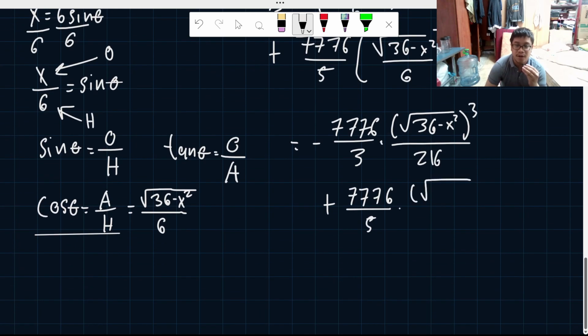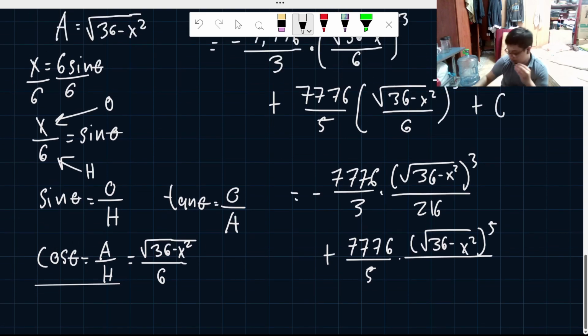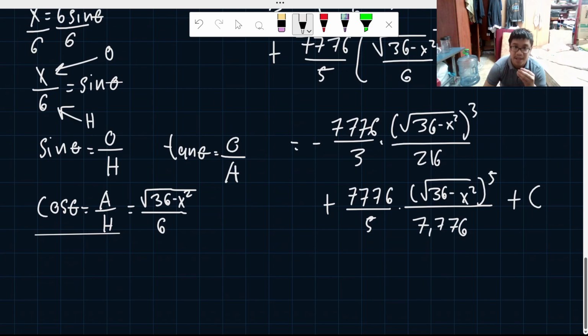So you will have the square root of 36 minus x squared to the fifth power, all over 6 to the fifth power, which is 7,776, right? 7,776 plus c.